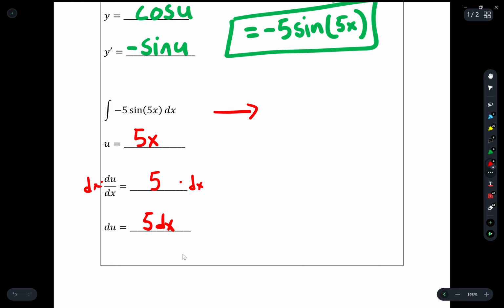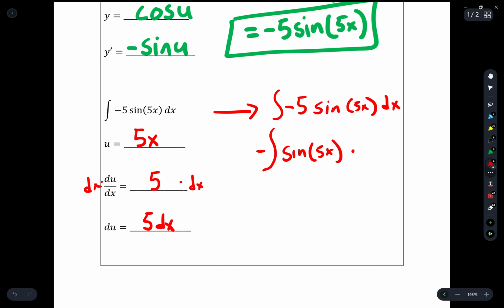Now when we rewrite this, we can begin to move some things around. I'm going to put this negative here, we have our sine here, and I'm moving this 5 dx over here. You can see that that 5 dx is our du, and this is our sine of u.